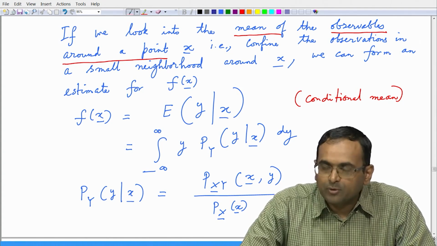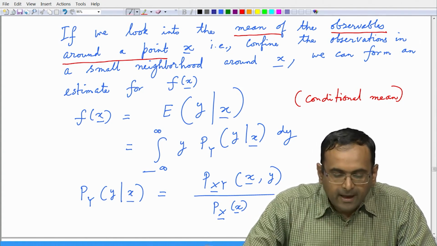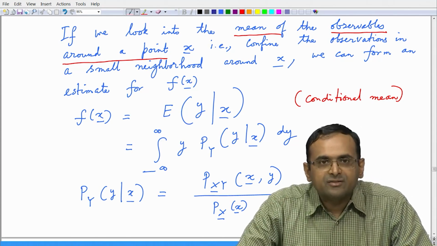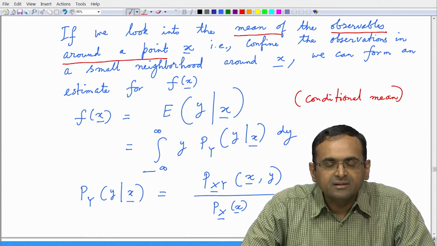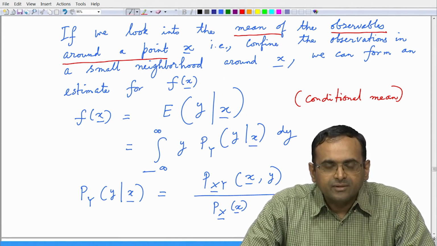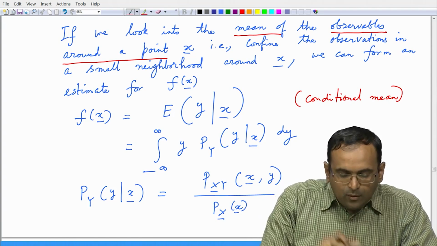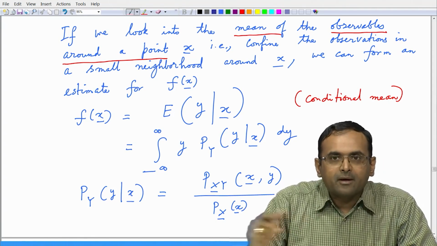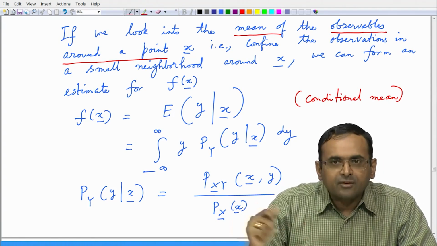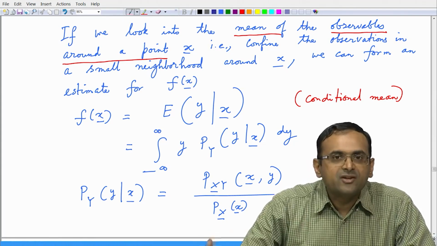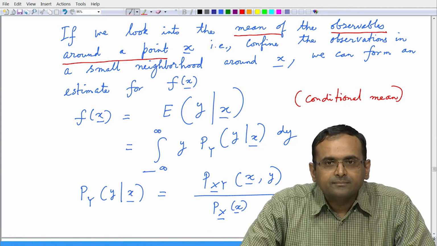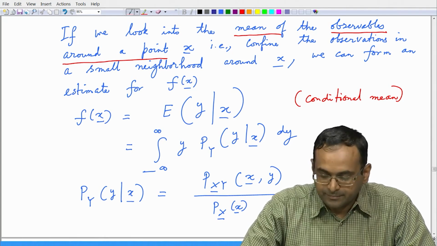This is how we can compute this mean, and that is our estimate for f of x. This is reasonable. Now, p of y given x can be computed from the joint and the marginal density that I know for x.